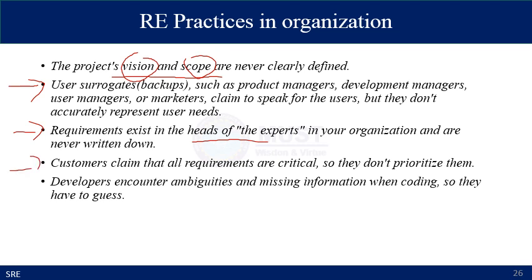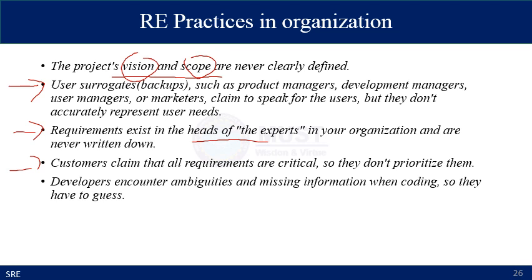Another practice is that customers claim that all requirements are critical. And it is also one of the major problems, that every customer says that every requirement they are stating is the most important and has the top priority. So they do not prioritize themselves.